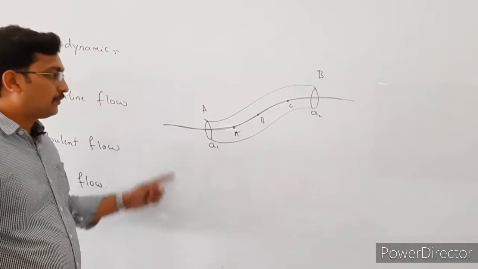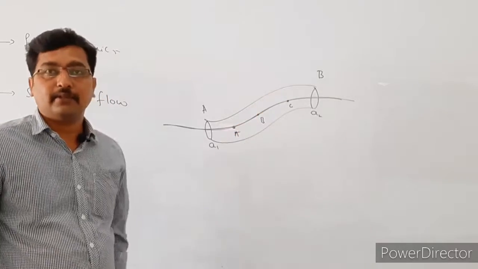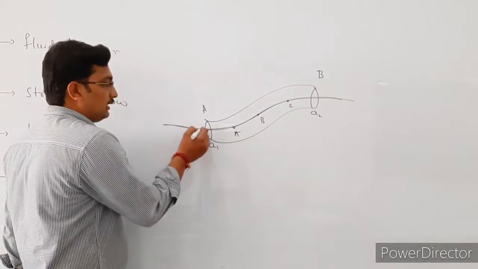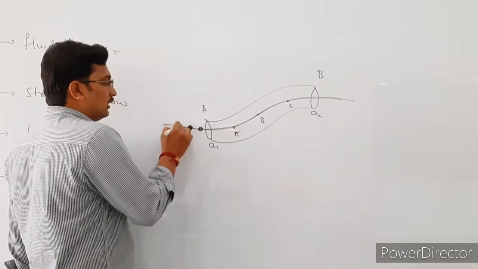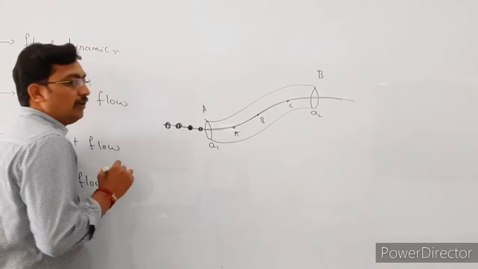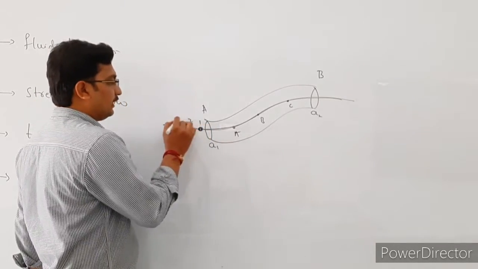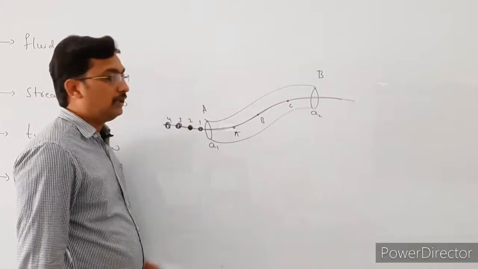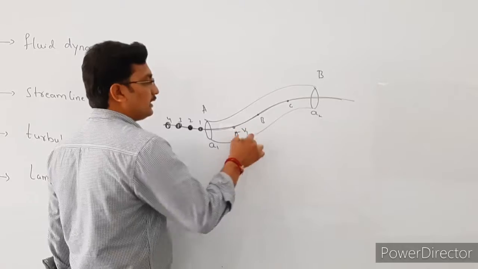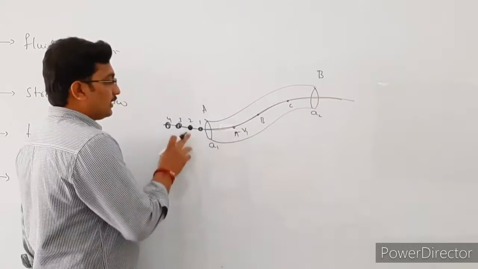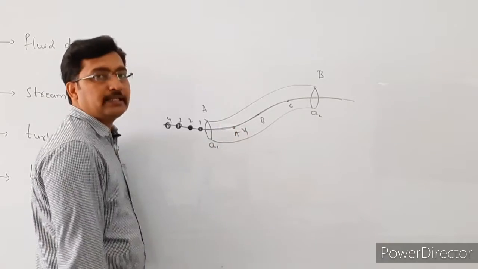The velocity of the particle at any point is the same. For example, consider this is the first particle, this is the second particle, this is the third particle and this one is the fourth particle. If the first particle reaches point A, its velocity is v1, and if the second particle reaches point A, its velocity is also v1.